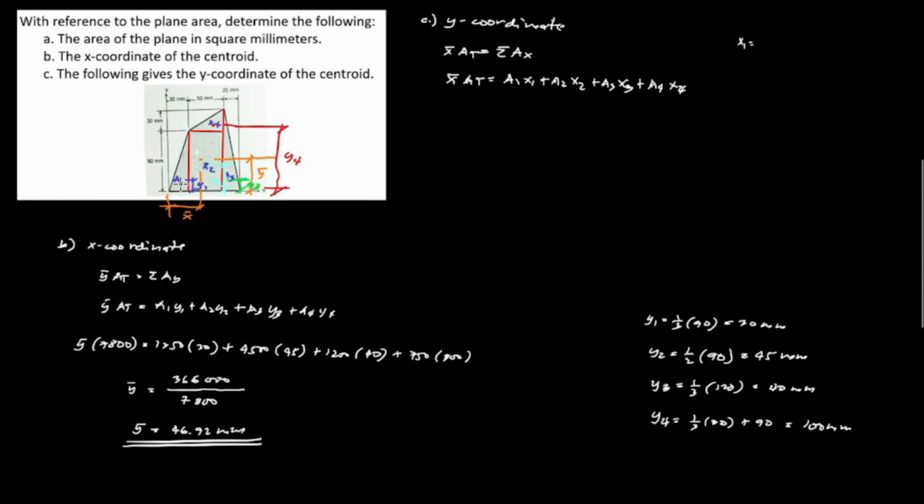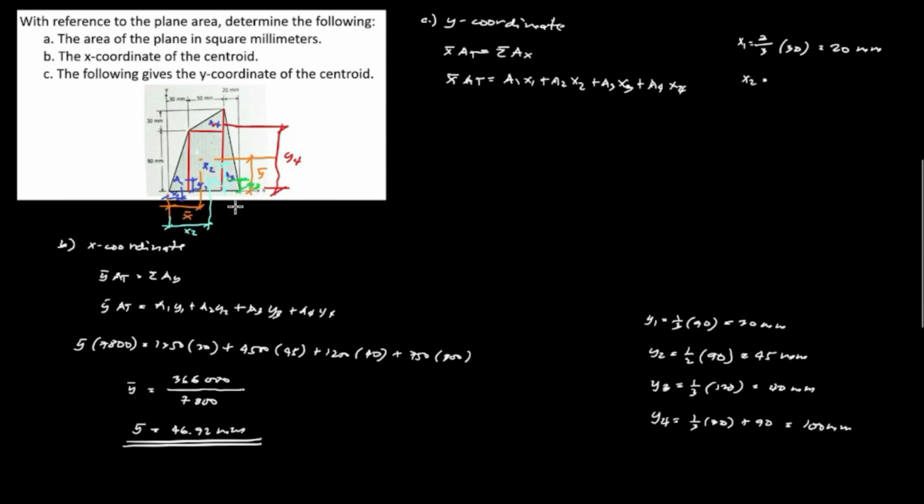So x1, which is based on the area 1, and the distance from this point up to this point is x sub 1, and x sub 1 is equal to 2/3 of the base of the triangle, which is 30 millimeter. So 2/3 of 30 is equivalent to 20 millimeter. Next, x sub 2, which is from the center of the rectangle up to this point.